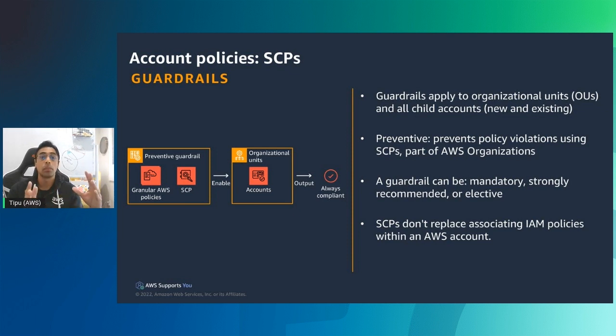So once again, guardrails are preventative. They prevent policy violations using SCP. But the key part here is that the SCPs don't replace associating IAM policies with an AWS account. You still have to apply the IAM policy on a principal for a certain resource, as we discussed in the previous slide.